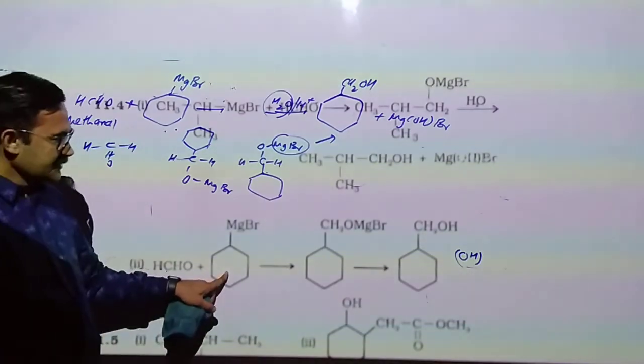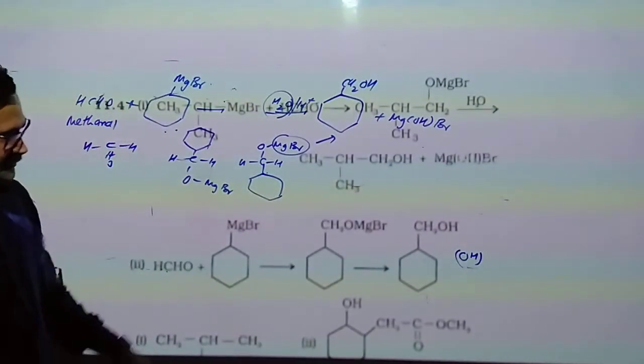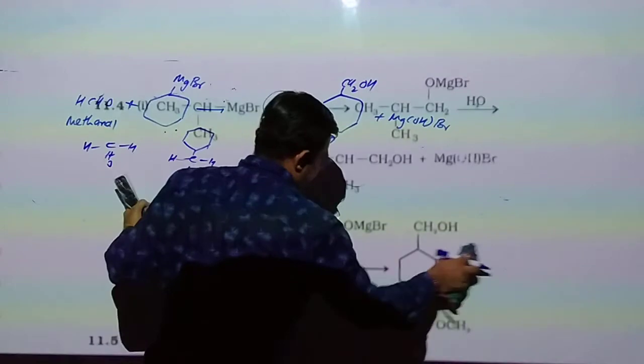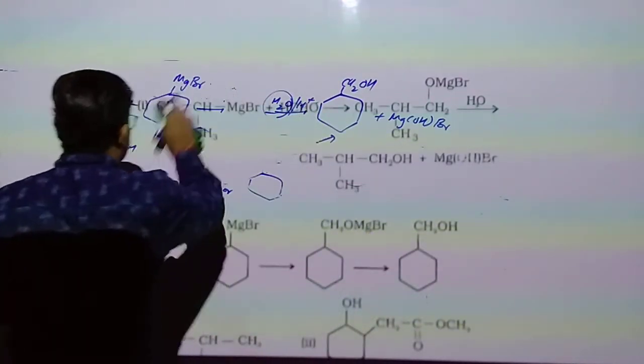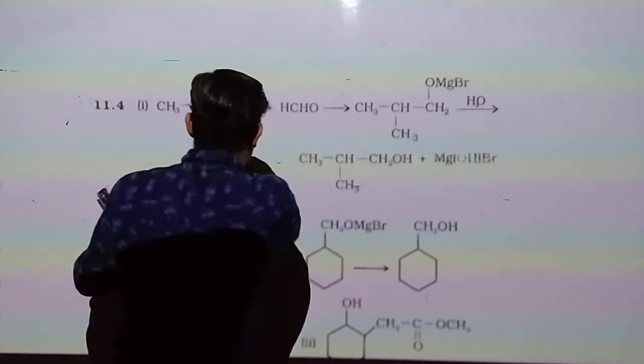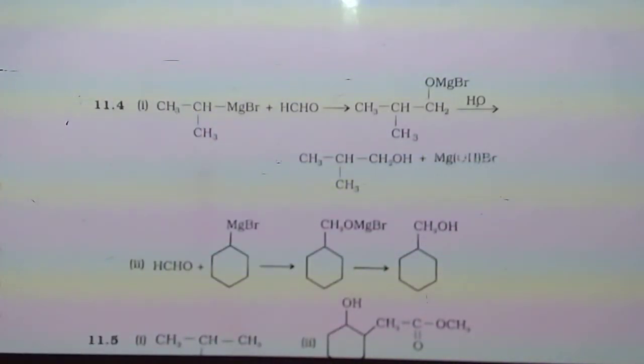Formaldehyde, cyclohexane magnesium bromide, intermediate product, and then lastly it gives cyclohexane methanol as our product. Answer of 11.4 is over. Now come to question number 11.5.